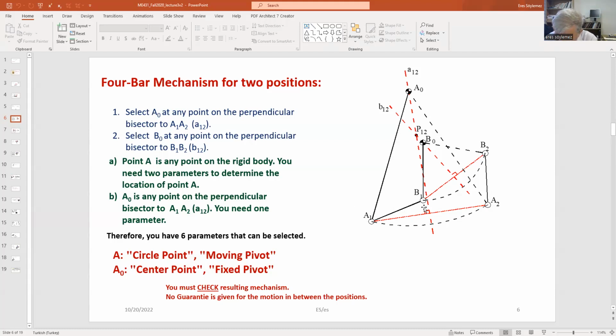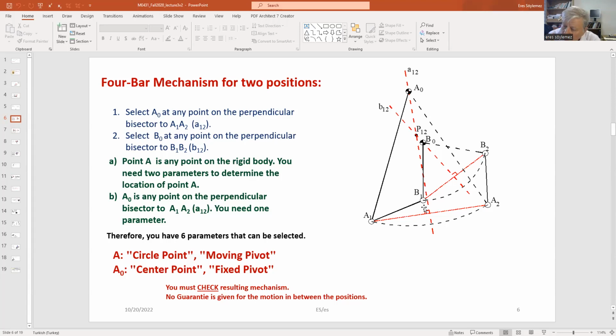To select A on the moving body, I have to specify the X and Y coordinates on that rigid body. So selection of that point A requires 2 parameters. And similarly for B. So selection of A and B requires 4 parameters. There are 4 free parameters that I can use. Correct?